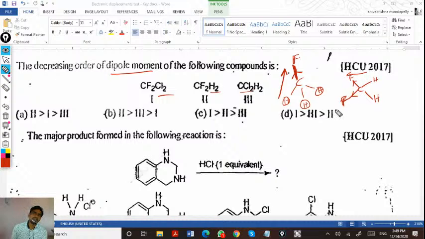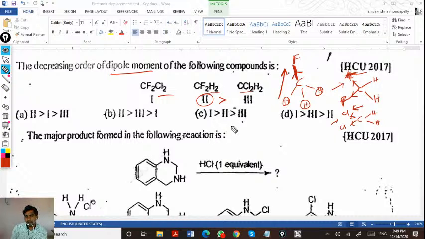If it is fluorine and chlorine, then if I compare, chlorine can pull less efficiently because it has less electronegativity when compared to fluorine. So it will pull the electron density less compared to fluorine. So this will be more when compared to this one. So 2 will be more than 3.